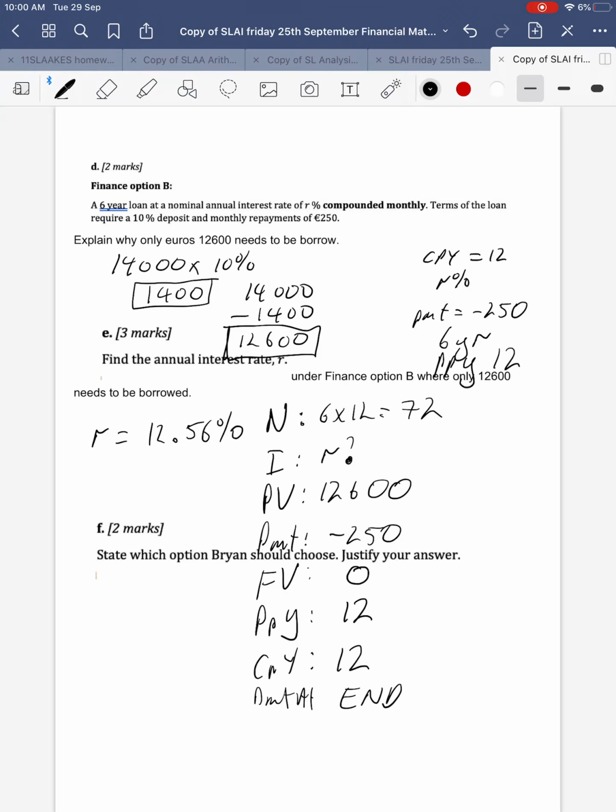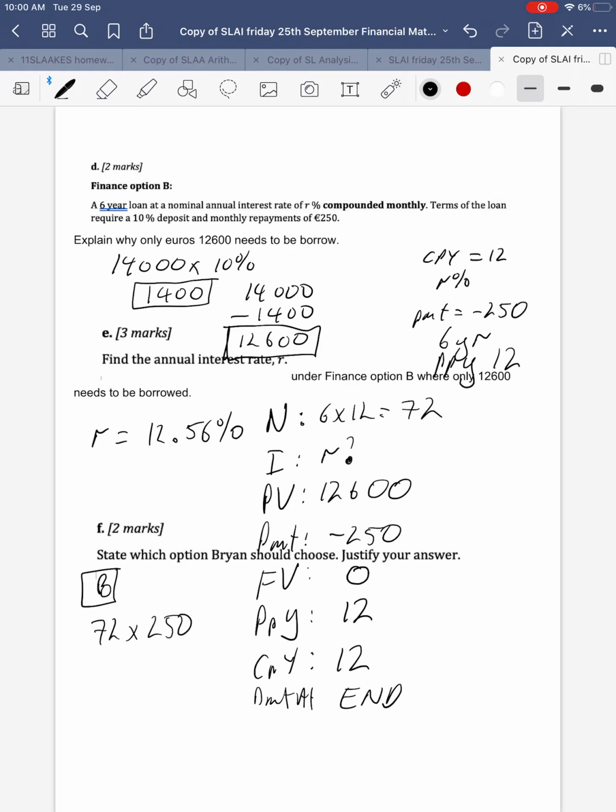So this next bit is the final bit: state which option Brian should choose and justify your answer. It's only 2 marks available, but we've got to think of the total amount that this person pays back. So under option B, the total amount paid is 72 times 250.